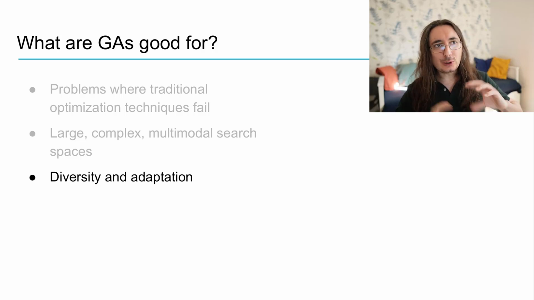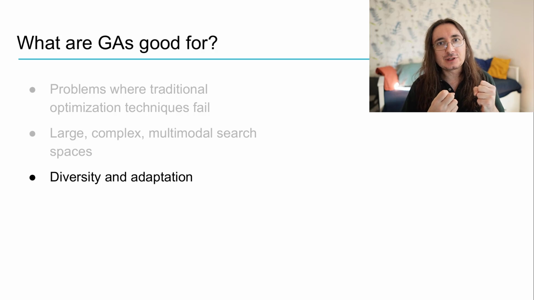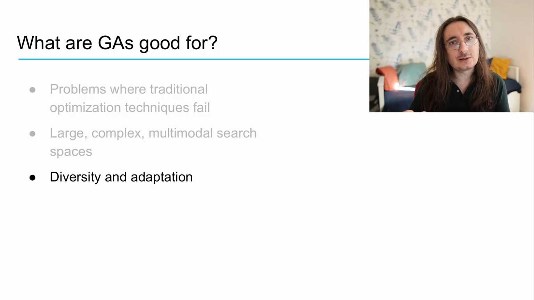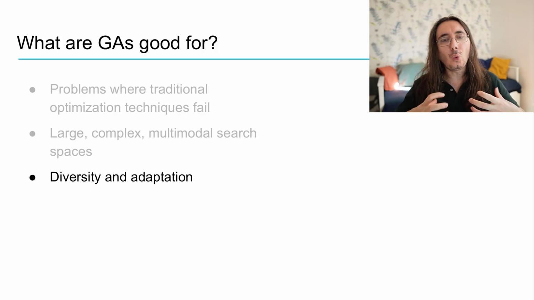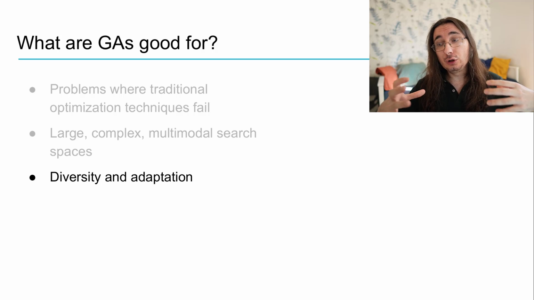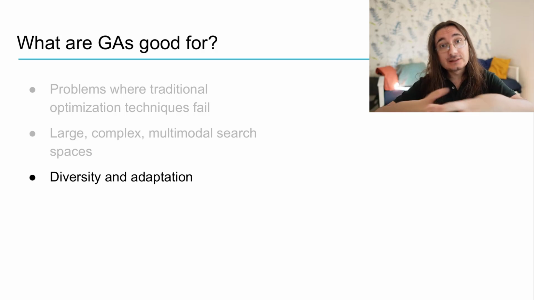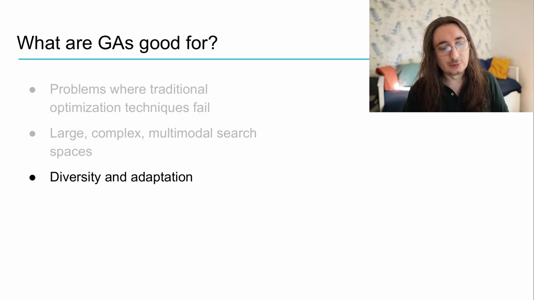So they tend to adapt over time, but at the same time, if you use the right strategy for selection, for crossover and mutation, they can also avoid local optima and look for a lot of different solutions in the solution space, which is great for solving complex problems.